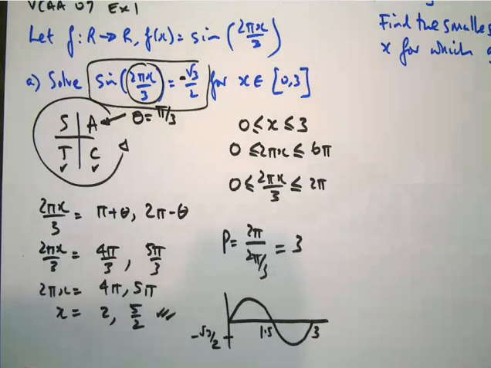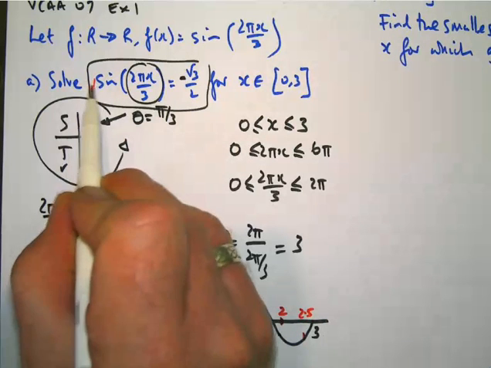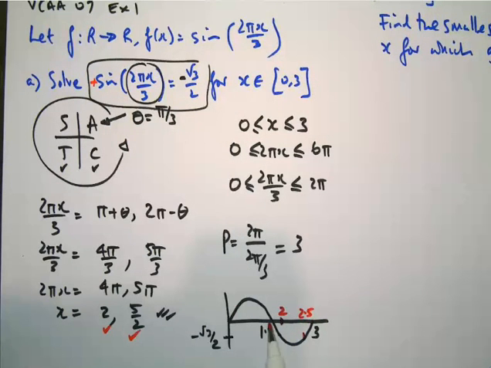Well, it's equal to root 3 on 2 at that value, which is 2, and that value, which is 2.5. My two answers for x. And that makes sense. When drawing the sine curve, it's a positive sine, therefore it will be positive first, then 0, then negative, and those two values of x make a bit of sense.